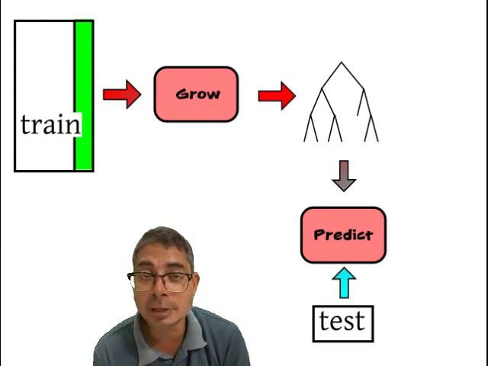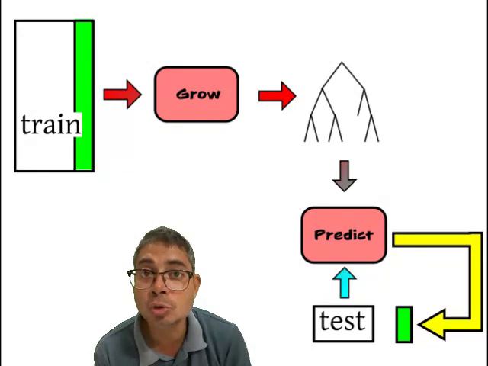You take these two things, the tree constructed in the grow step and this test data, and using them you construct your appropriate guesses for the true classes. So these are the two major steps of CART.